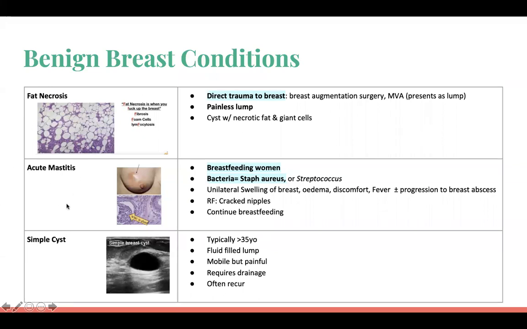Another condition is acute mastitis. That typically occurs in a postpartum woman who's breastfeeding, and the bacteria implicated is Staph aureus. The treatment of choice for that is flucloxacillin. Another important differential is a simple cyst, which is typically a lump that is painful in an older woman.